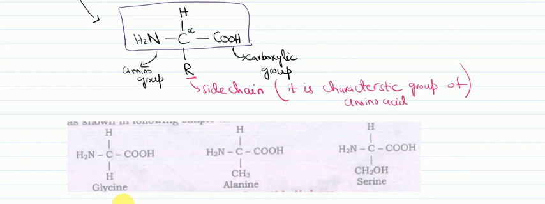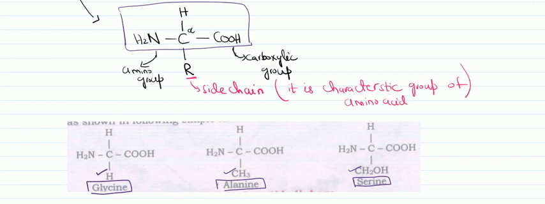Just like here, if the amino acid has side chain hydrogen, then this amino acid is known as glycine. If the side chain is CH3 alkyl group, then the amino acid is alanine. If the side group is CH2OH, then the amino acid is serine. It means no other amino acid than glycine has the side group hydrogen, right?